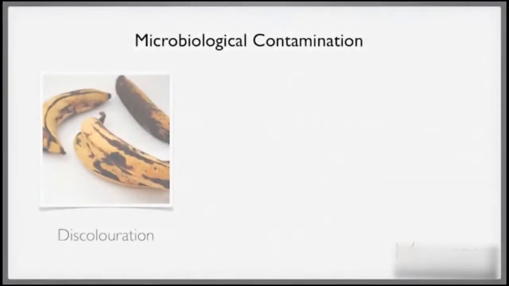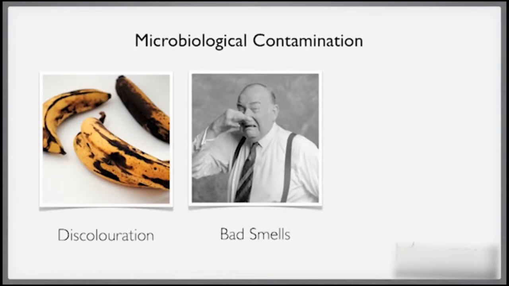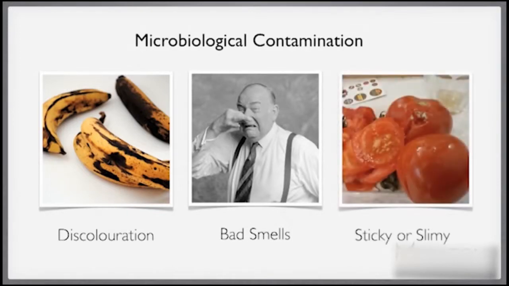You will notice that when food goes off, it starts to discolor or change its color, and it starts to smell unpleasant and become sticky or slimy. Think of a piece of chicken which you forgot about, and 3 weeks later what it might look like. This would be a good example of a possible microbiological contamination.